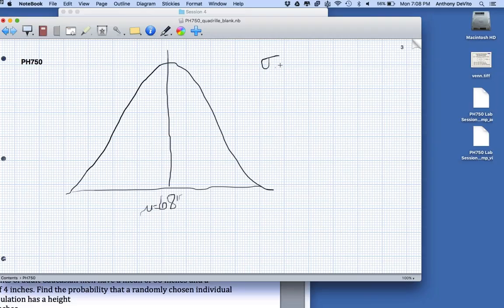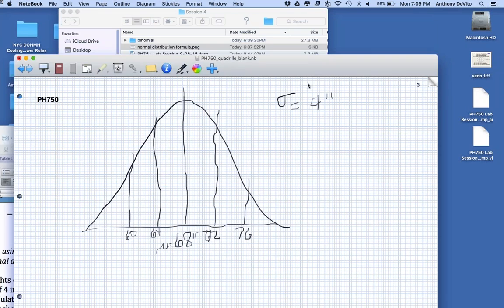And what did I say the standard deviation was? 4 inches. So what value represents one standard deviation below the mean? That would be someone who's 64 inches tall. And one standard deviation above the mean would be 72 inches. Two standard deviations below would be 60 inches, and two standard deviations above would be 76 inches.